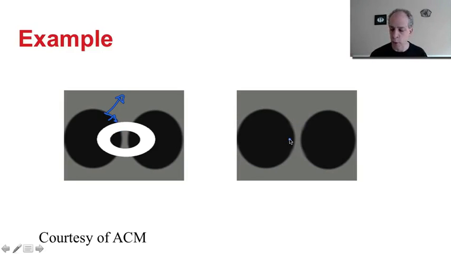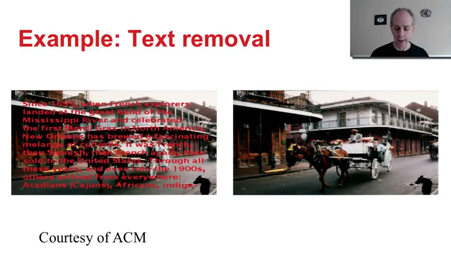Really, really nice result. Of course, if it works only on artificial images, it's not very good. Hopefully, it also works on real data. Here is an example. What is being inpainted? The letters. We wrote on top of this image. This is a nice image of New Orleans, and we wrote on top, and boom, the letters are gone.